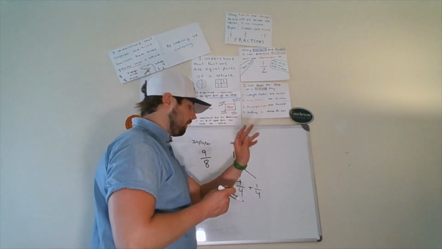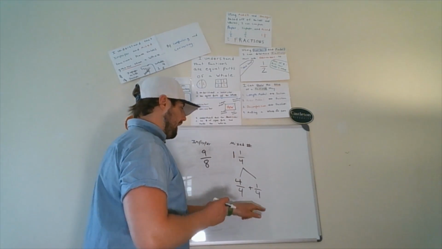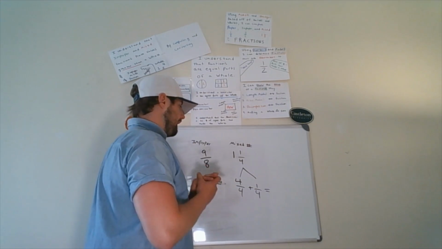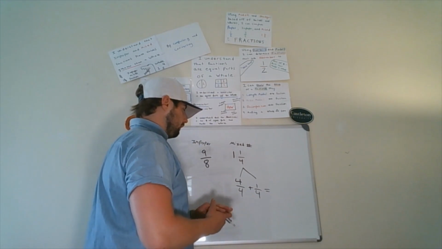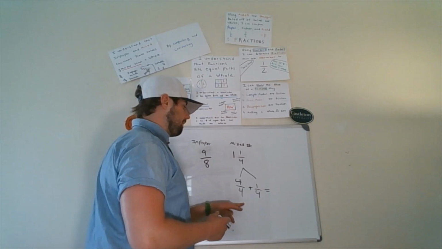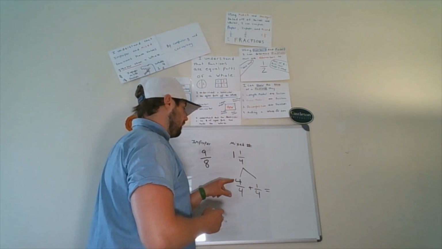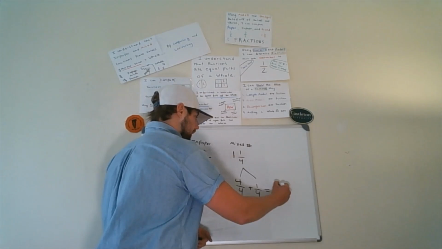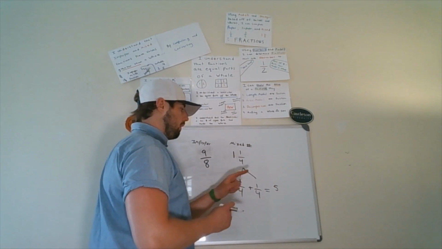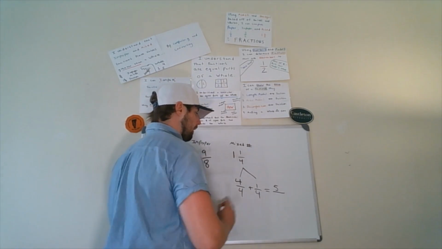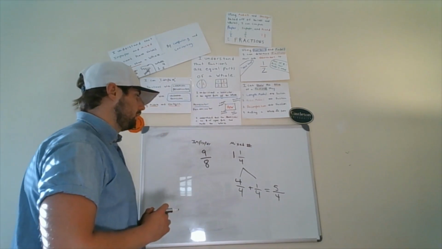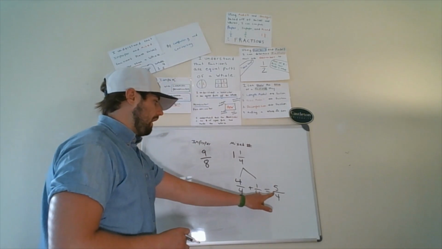1 and 1/4. I then, of course, need to put them together to make that improper fraction. I know that my parts that make the whole never change. 4 plus 1, 4 parts plus 1 part. It's going to give me 5 parts. Talking about 4 parts to make the whole. 5/4.